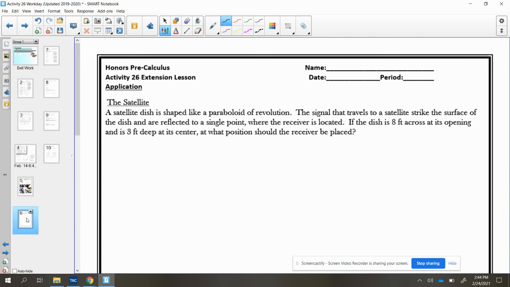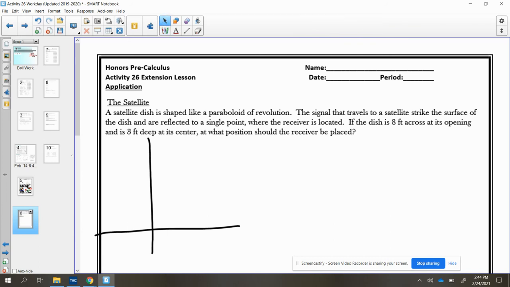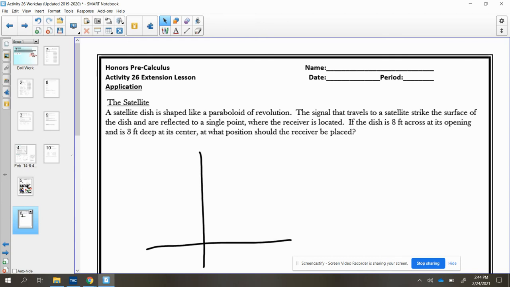at what position is the receiver placed? So let's start by making this as easy as possible on ourselves by drawing a picture and making the picture most useful to us. Okay, let's make this vertex just at 0, 0 to make our lives as easy as possible. Okay, and then it says that we have a dish that is 8 feet across at its opening.